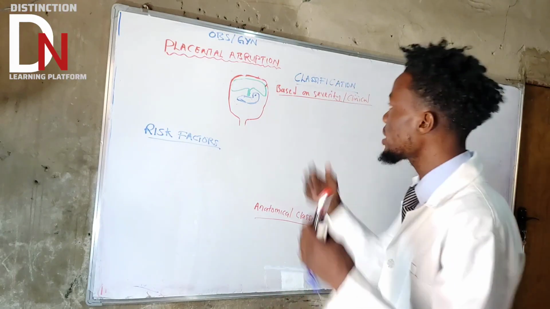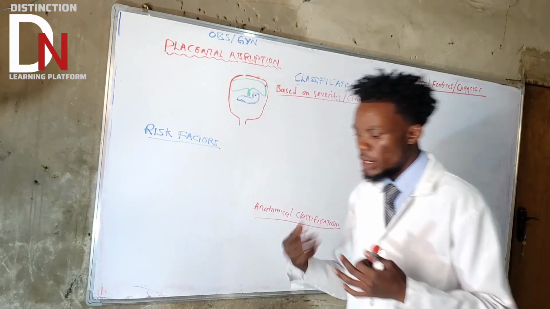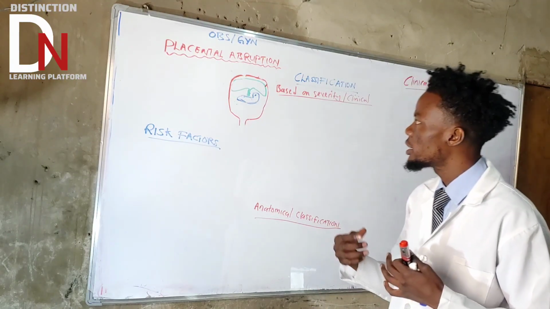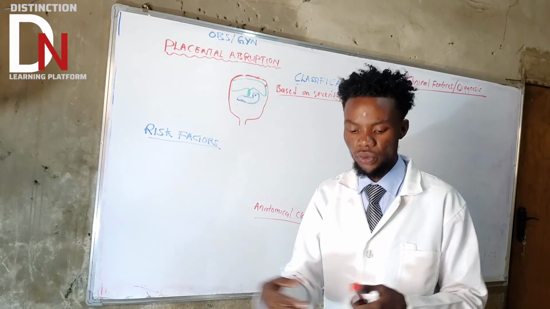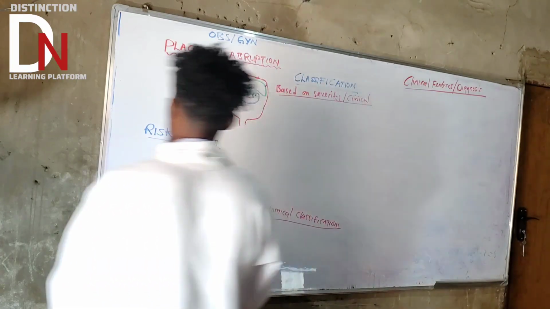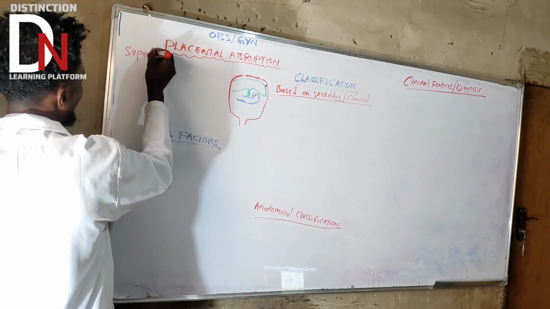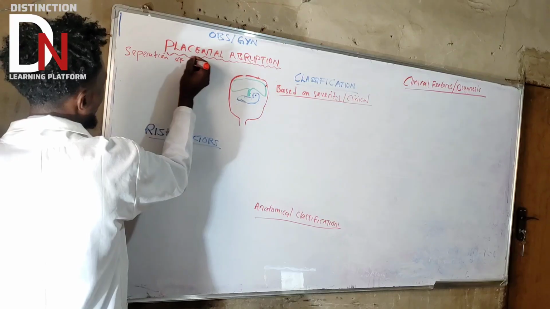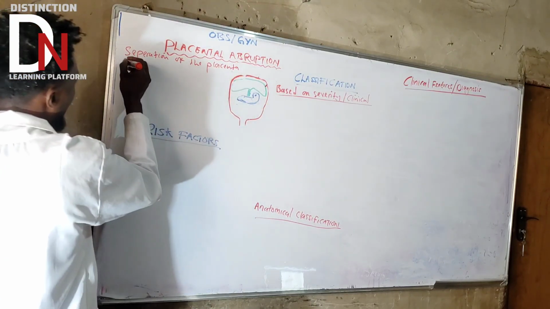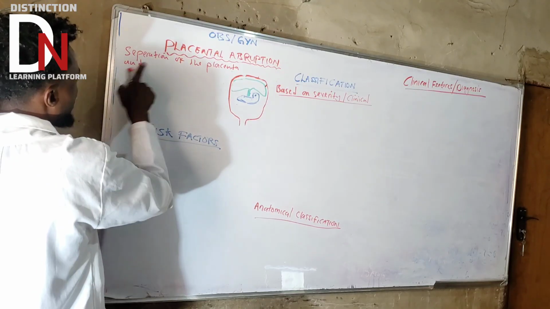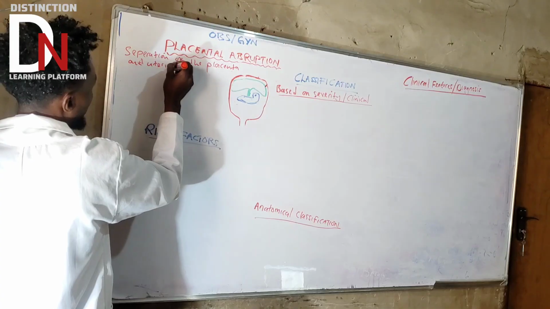So now, what is placental abruption? Abruptio placenta is the separation of the placenta from the uterine wall.